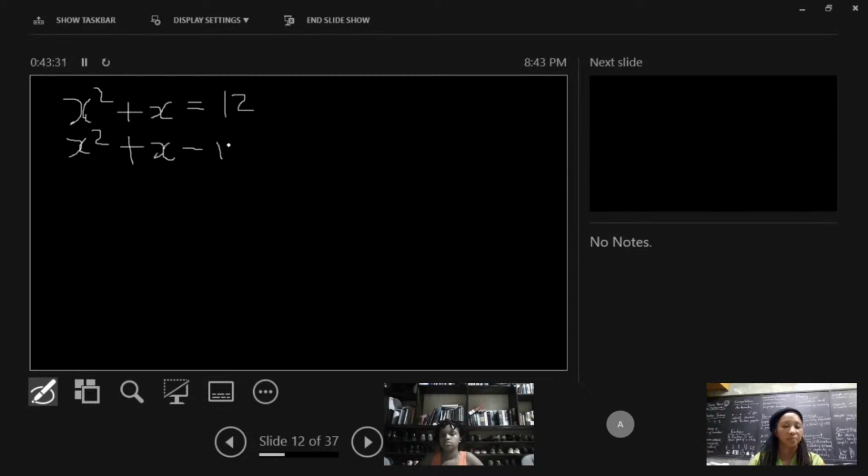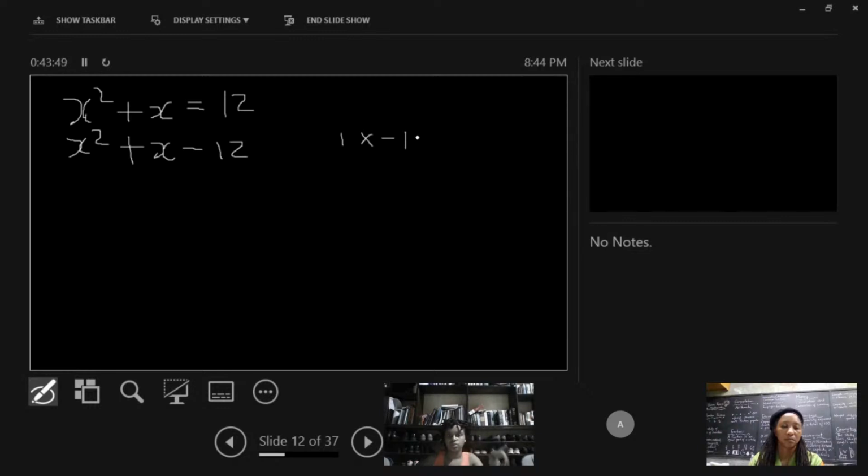Okay. So now we're going to multiply the coefficient of x squared and negative 12 to get two factors that can add to give positive 1. So 1 times negative 12 is negative 12.